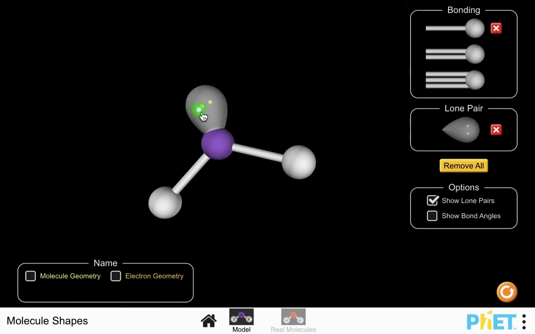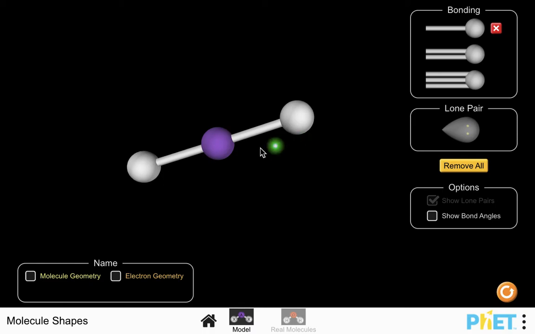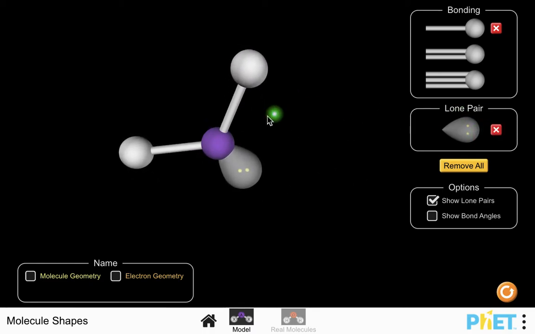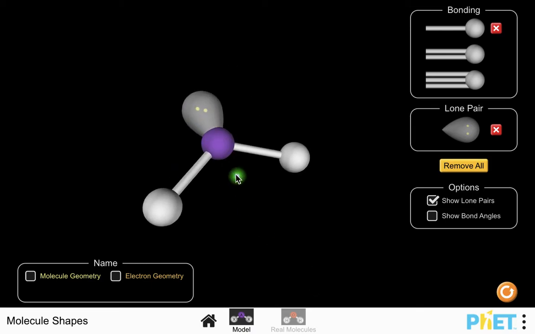But we need to know that the lone pair is there to understand the shape. Without the lone pair, and you can, the little X's over here is how you remove it, you can see that it would be linear. But with the lone pair, the shape is called bent. Now down here, I can click on this little box, molecular geometry, and it'll say bent. So that's the shape, bent.